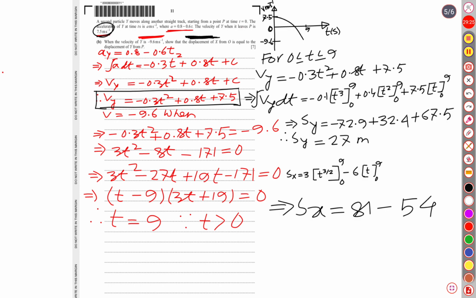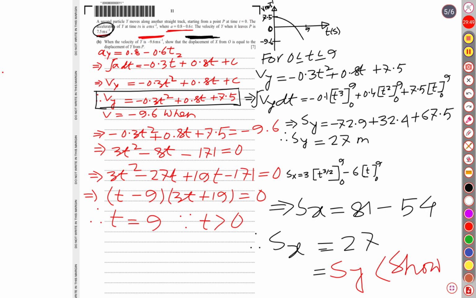Hence sx, the travel distance of particle x at 9 seconds, is 27, which is equal to sy. So they have told us to show this, and we have shown it.